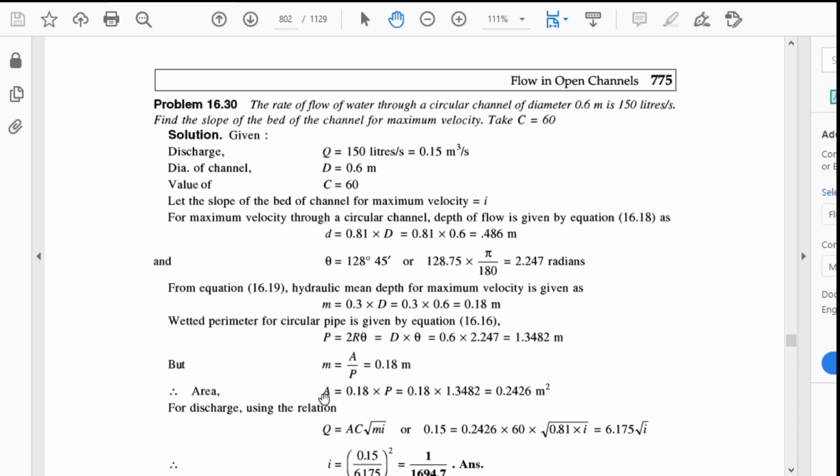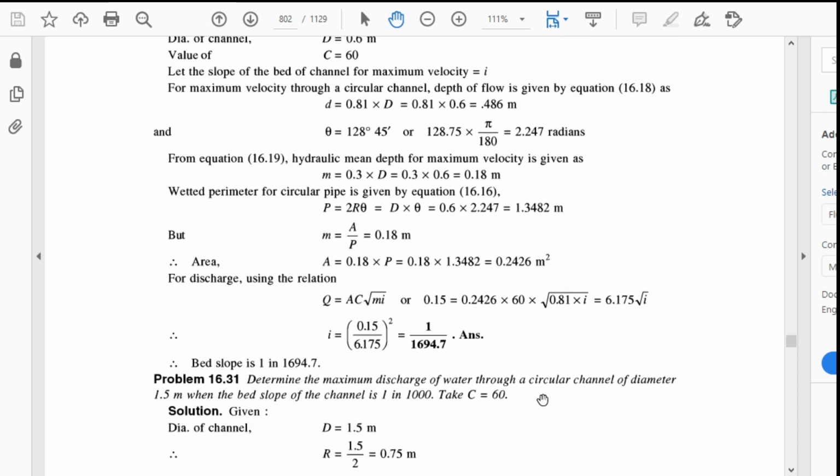So the area value is 0.2426 meters square. Now the remaining thing is very simple. Use the expression for discharge by using Chezy's constant.